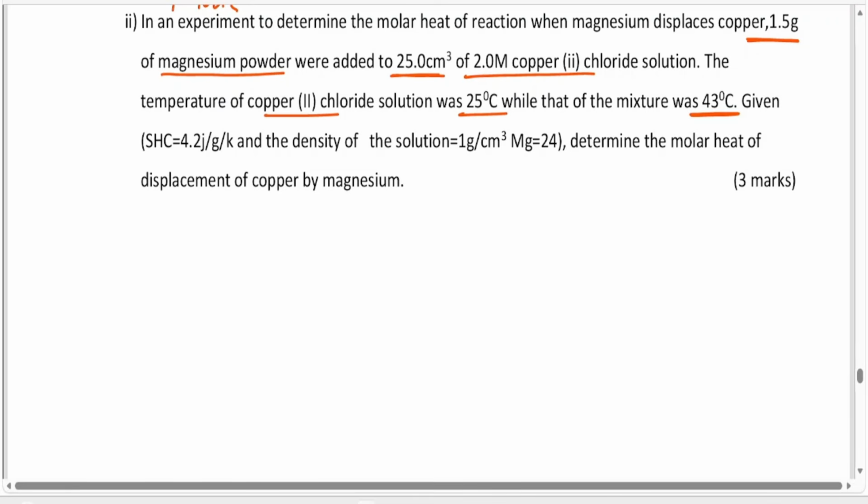Given the specific heat capacity as 4.2 joules per gram per Kelvin, and the density of the solution as 1 gram per cubic centimeter, and the relative mass of magnesium as 24, determine the molar heat of displacement by magnesium. So we are aiming at determining the molar heat of displacement of copper by magnesium.